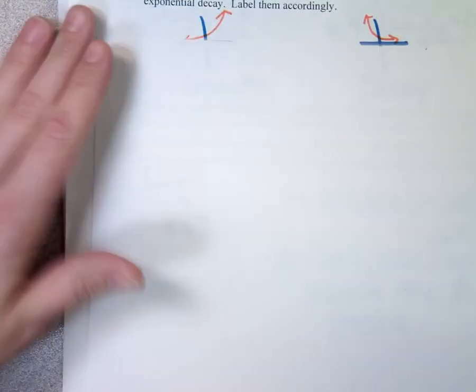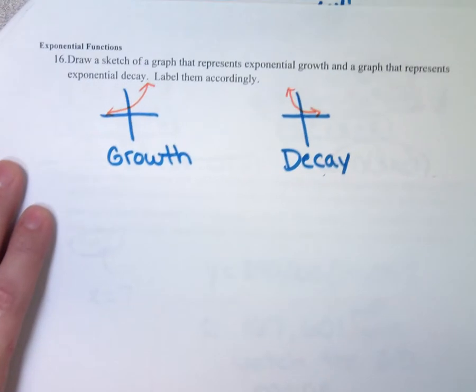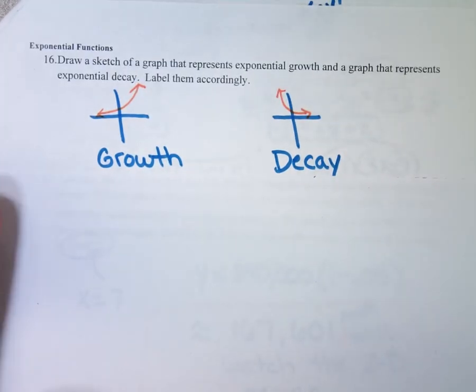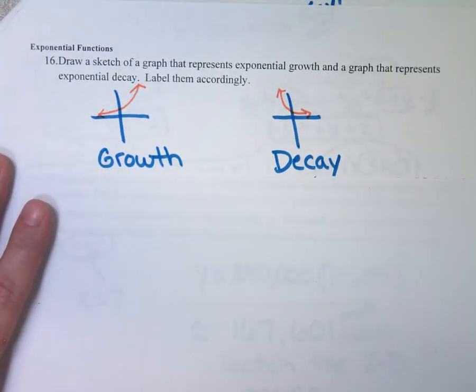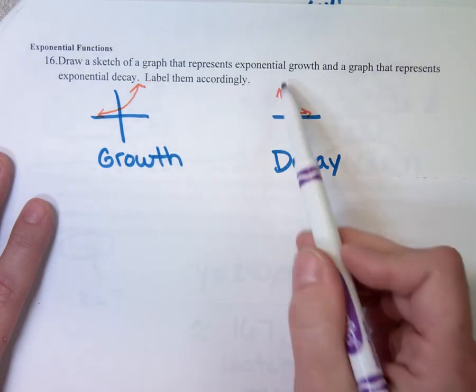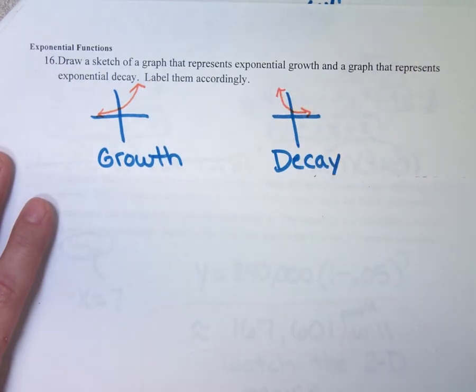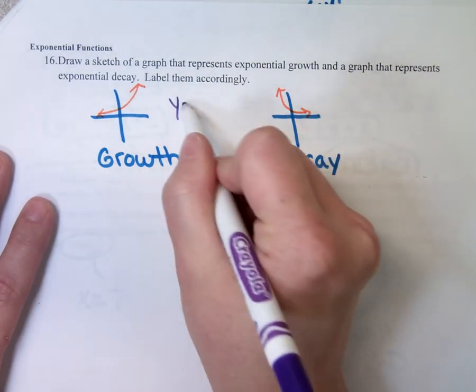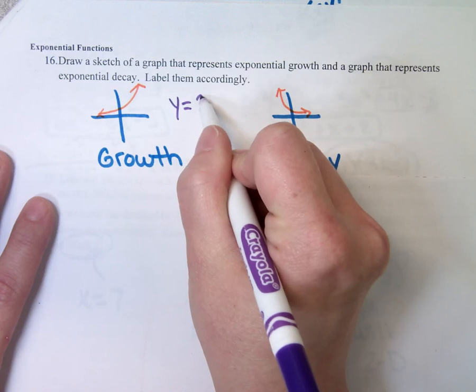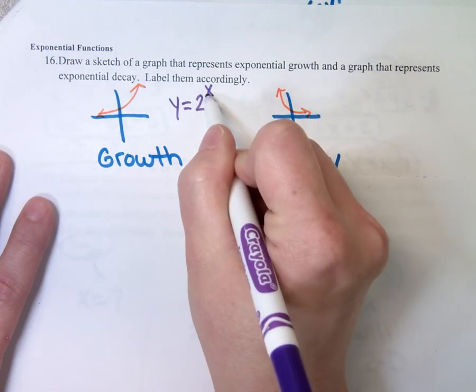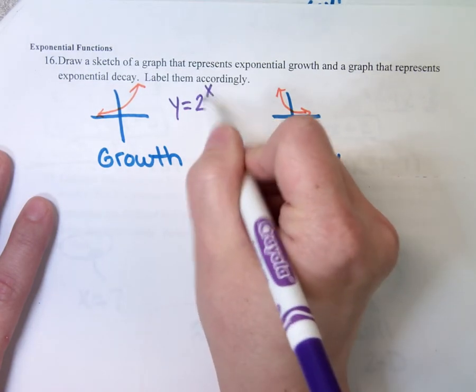These last two: this wants a description, a rough sketch of what growth and what decay look like. So growth looks like this and decay looks like this. Remember, something is growth if it has a base that's bigger than 1 and the exponent's positive, and the exponent has to be an x.